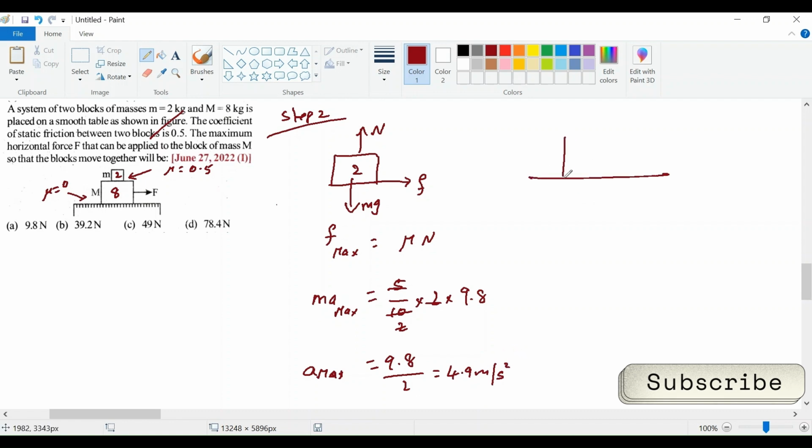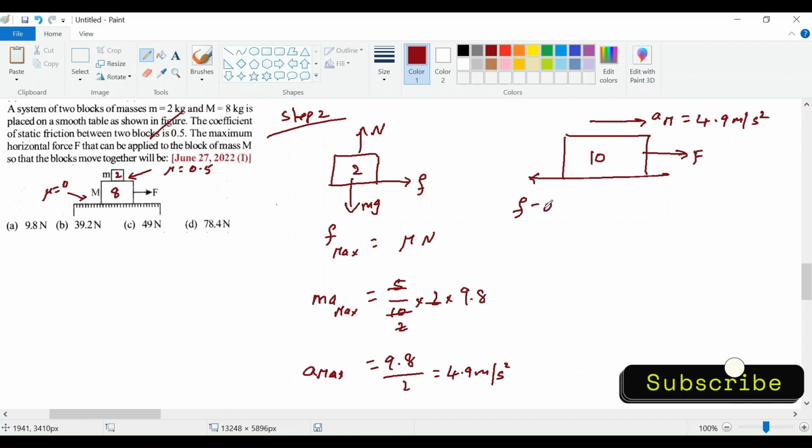Now you see the whole system. This is step number 3 I explained in the theory; I suggest you go through the theory video. The total system is the 10 kg block, the maximum acceleration possible is 4.9 meter per second square, and the force F is acting. There is no friction here, so directly F net is equal to ma.